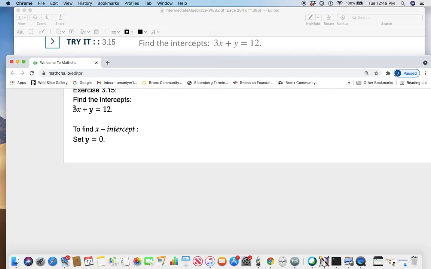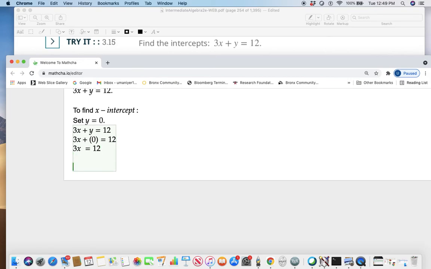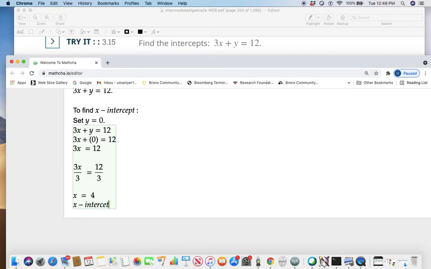So take your original equation and set y to 0. At this point, divide both sides by 3. You get x equals 4. So the x-intercept is x is 4, y is 0.